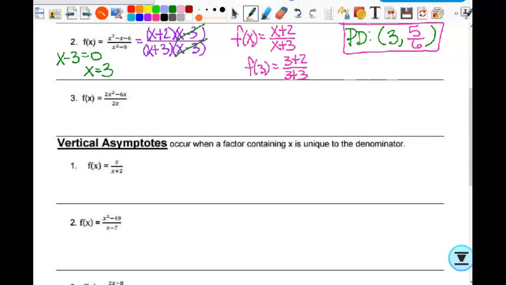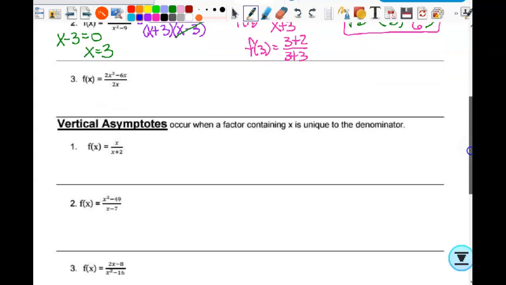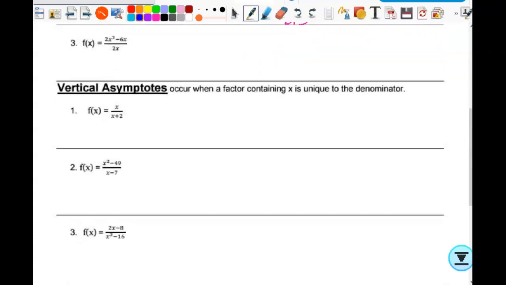Any questions at this point? Okay. Can I reduce this 2x in the denominator with one of those in the numerator? No. Okay, but can I factor something out of the numerator? Yes. And not every rational function has a hole, by the way. I don't want you to think that just because we're getting all these.